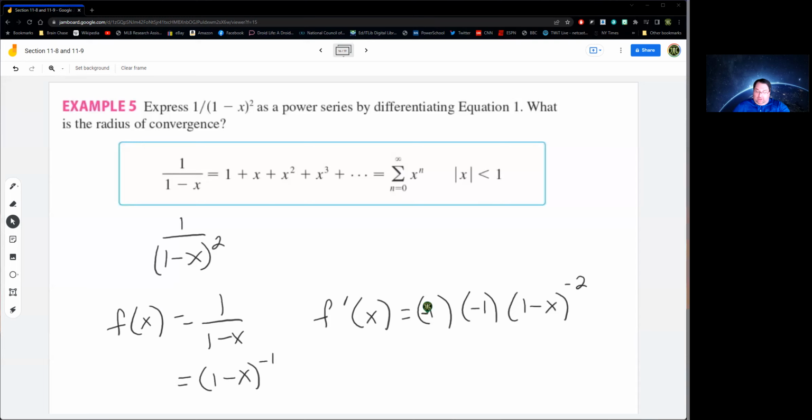Oh, sorry, that's -1. So the derivative of this is 1 over 1 minus x squared. So the derivative of that is that. Everybody see that? Okay.